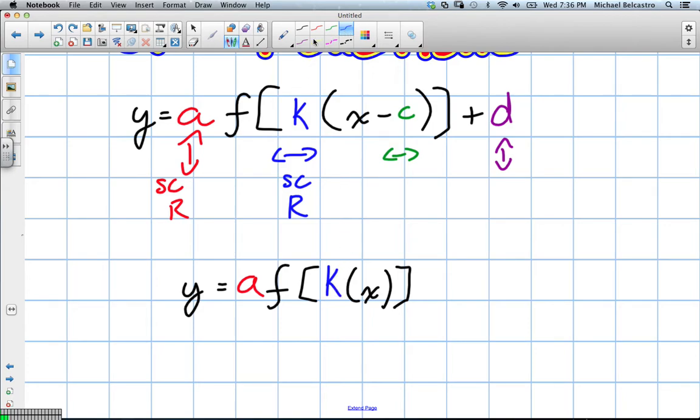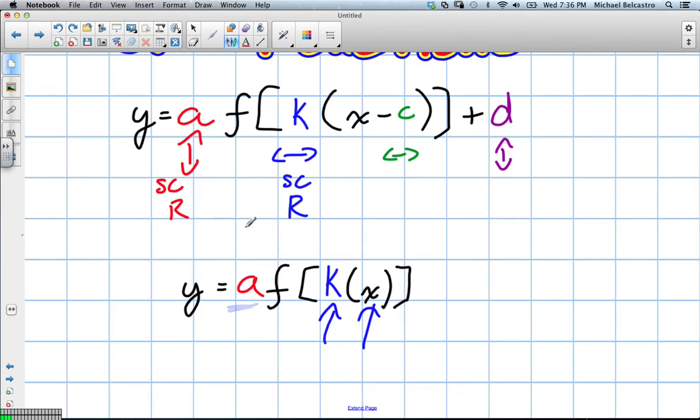I want you to pay attention here that notice the A is outside of the function. So whether it's a squared, a sine function, something else, A is always outside of it or in front of it, where K is attached to our actual variable in the function.